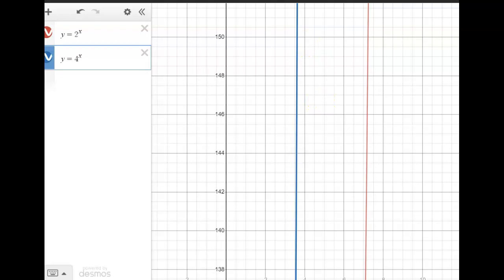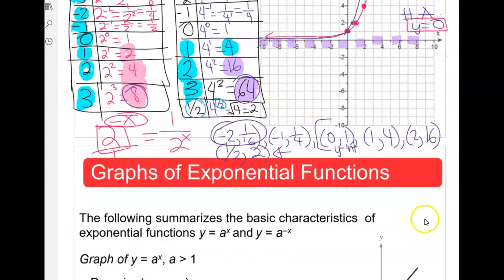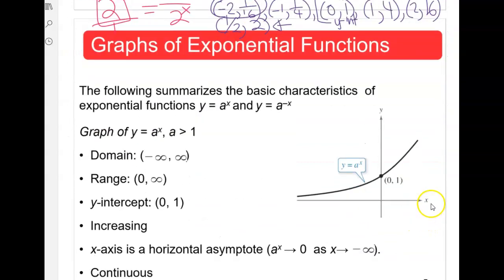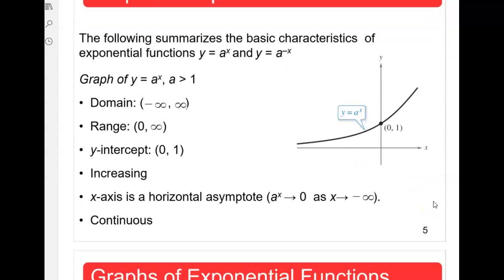So that base is something that scientists actually use when they are determining the spread of a virus. And a very good example is, let's just imagine zombies.